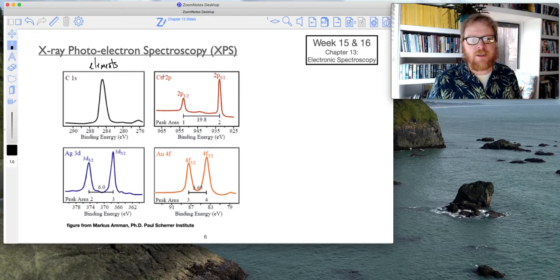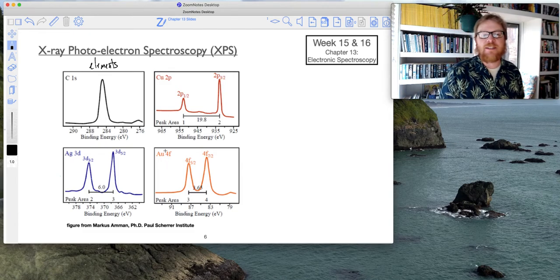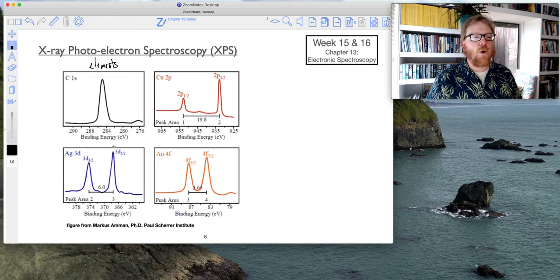This is solid carbon, solid copper, solid silver, solid gold, and all of these have oxidation states of 0. Carbon always shows up around 285. No matter what kind of carbon it is, the carbon 1s always shows up in the vicinity of 285, and it's one single peak.